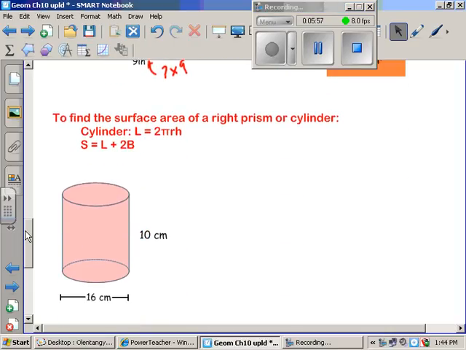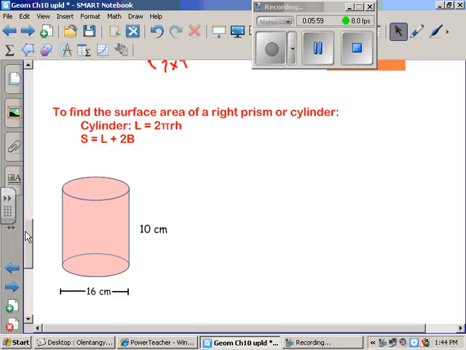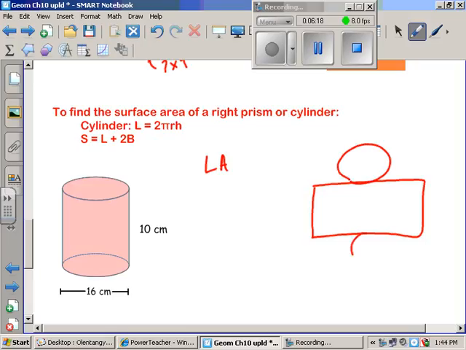A cylinder is a little bit different because the bases are going to be the same, but for the lateral area, you just have to know a trick. We talked about this the other day: if you think about the net of a cylinder, it's a rectangle that connects the 2 bases. And we said the length of the rectangle is the same as the circumference of the circle because it has to fit around exactly.